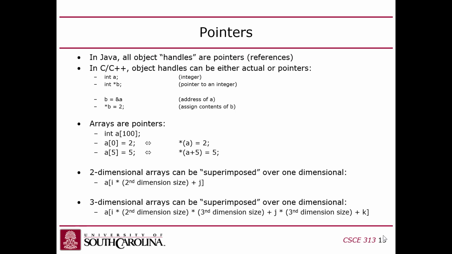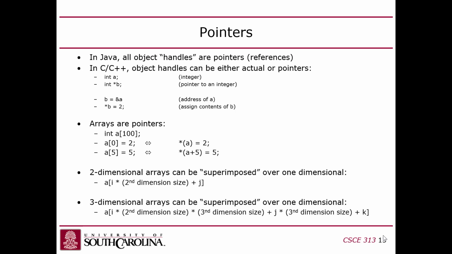Arrays are pointers as well. If you declare an array in C, int a with size 100, and then you refer to a, that's a as a pointer. If you use brackets, like a of 0, the brackets serve the same purpose as the dereferencing operation, the star.